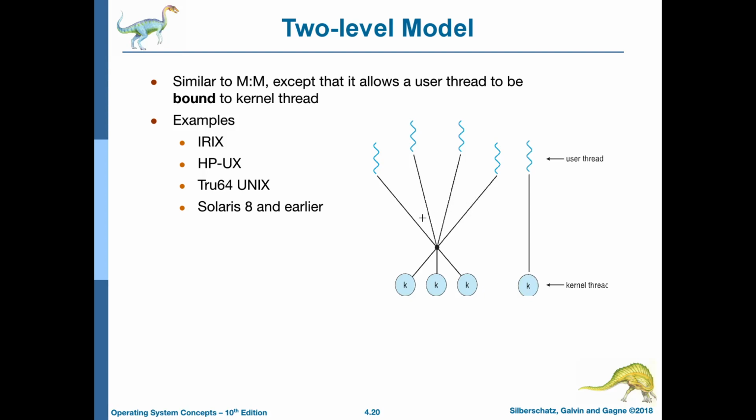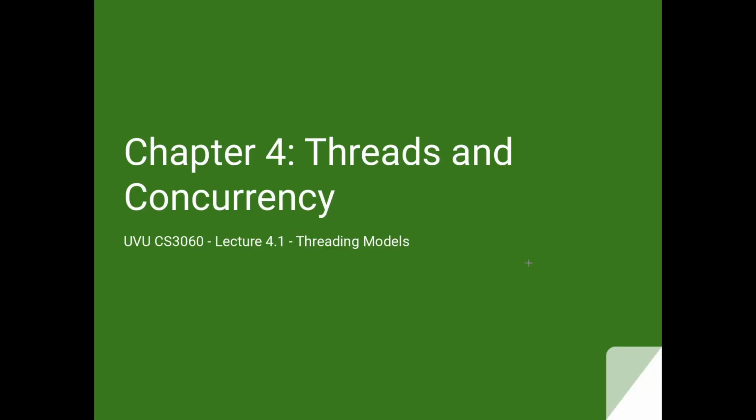So in this particular model, you have the safety of a many-to-many model, but then you are able to transition a user thread over to one kernel thread and allow that to function without this switching. Thus, if this thread blocks, this kernel thread will block as well. And that brings us to the end of lecture 4.1, where we talk about threading models.